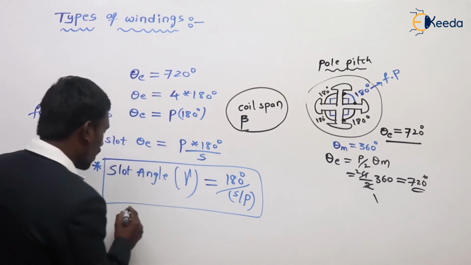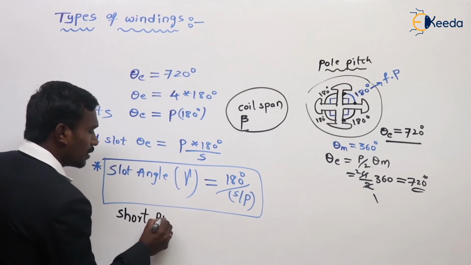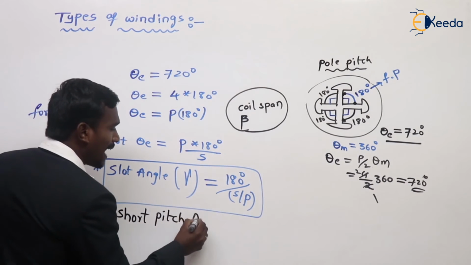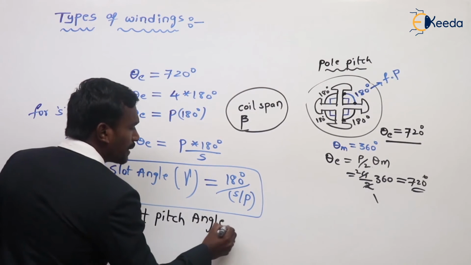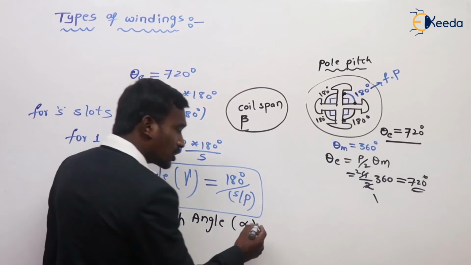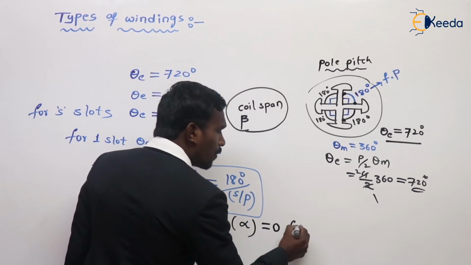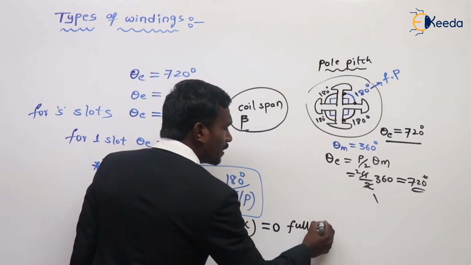And another term, short pitch angle. Short pitch angle is denoted with alpha. This short pitch angle is equal to 0 for full pitch winding.